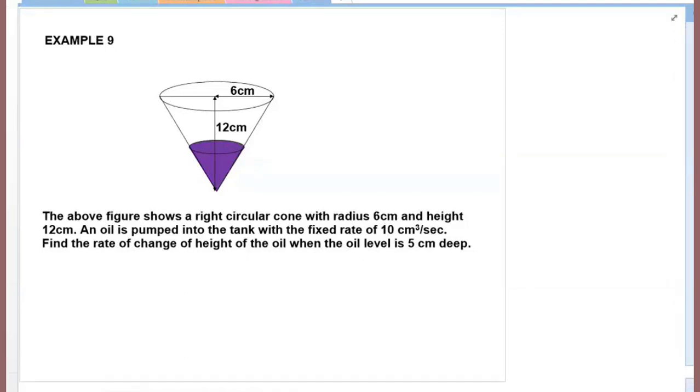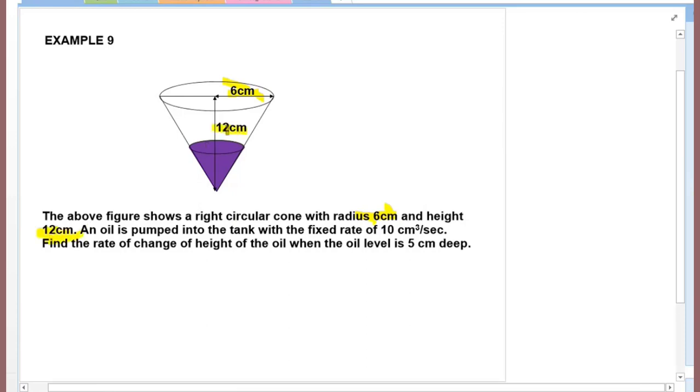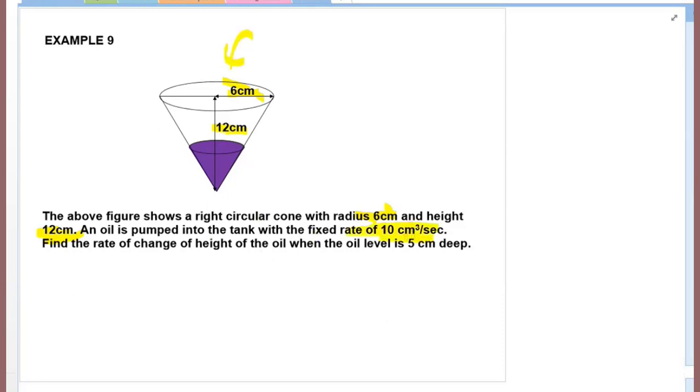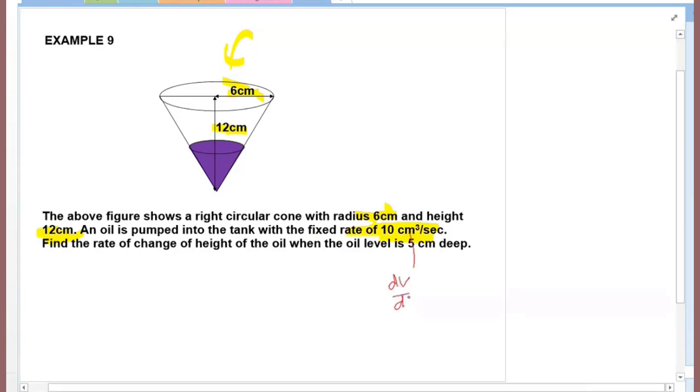The above shows a circular cone with radius 6 and height 12. The cone is constant, rigid, and oil is pumped into it. This is dV/dt; look at its unit.